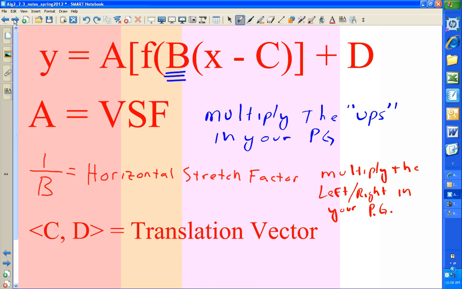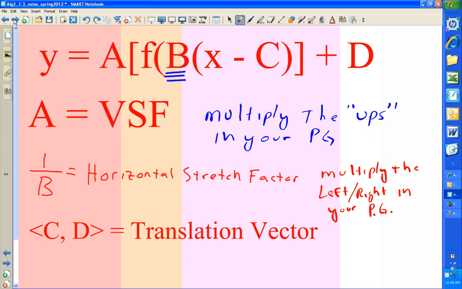Whatever number you're multiplying x by in the function, in any function, if you take the reciprocal of that number, that's what this is telling you, 1 over b, you have the horizontal stretch factor for the function. The horizontal stretch factor impacts the lefts and the rights, just like the vertical stretch factor impacts the ups or the downs.